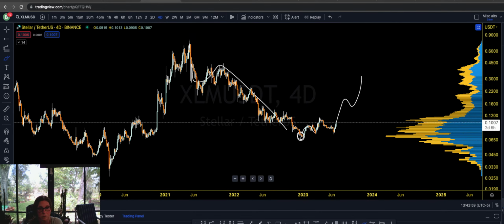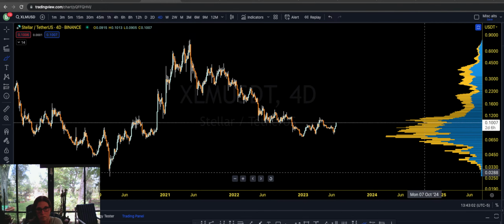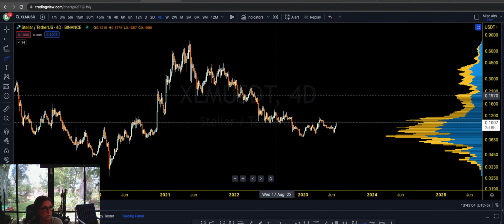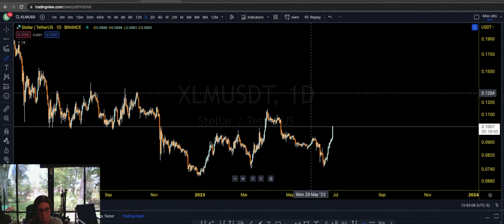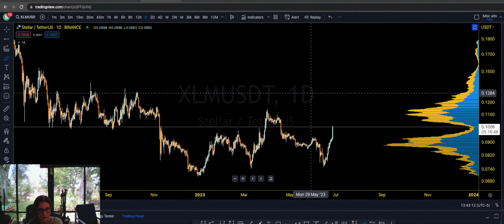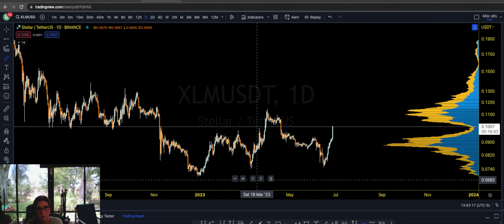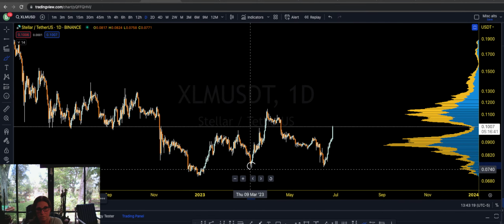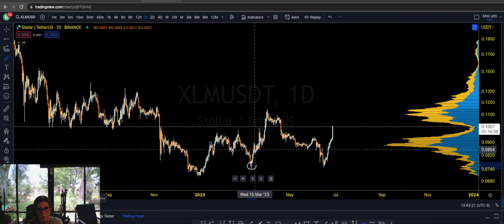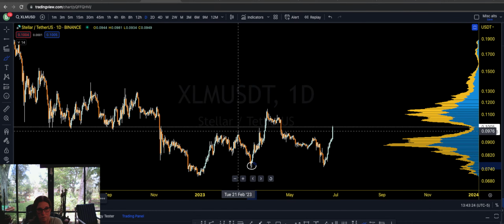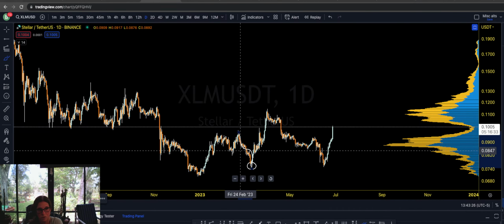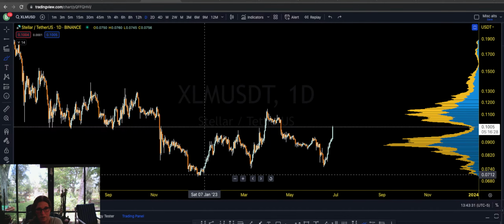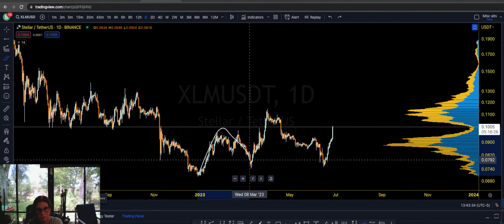So let's take a look at this and see what is going on there. All right, see how deep this came? And how big this wave is? Okay, this could be a 5th here. But to me, this is screaming zigzag.